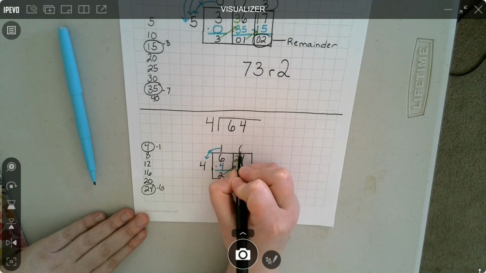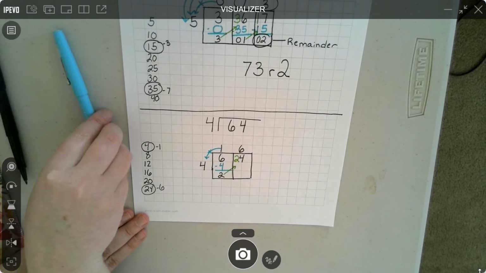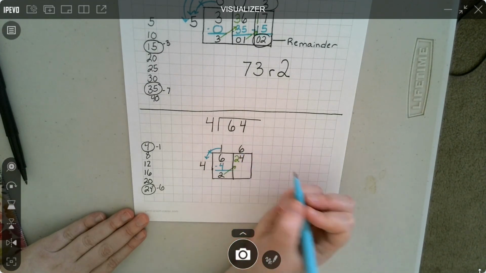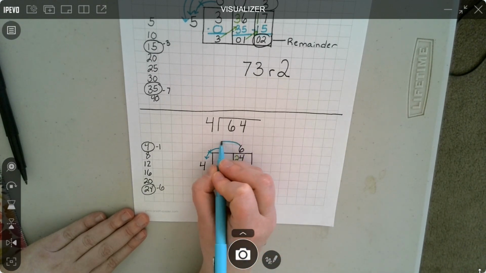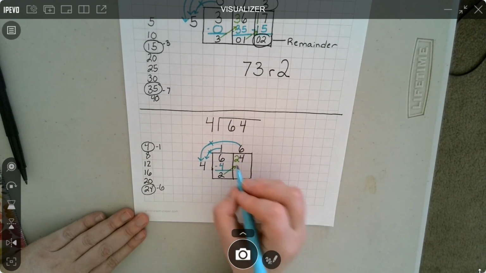So I'm going to put a 6 up here to show that 24 is the 6th multiple of 4. And then I'm going to say 6 times 4 is 24.